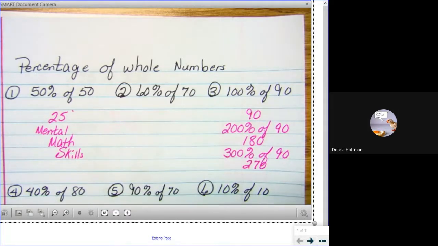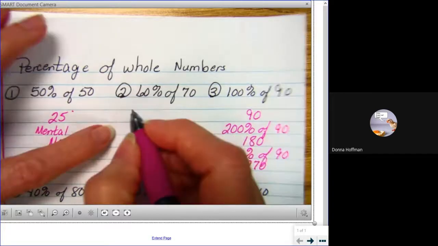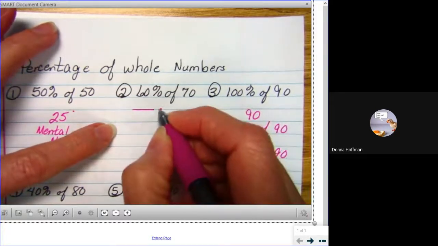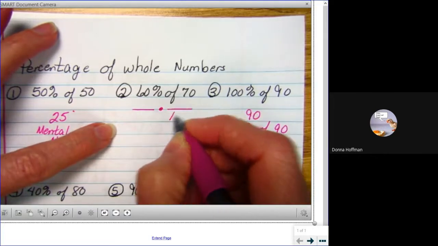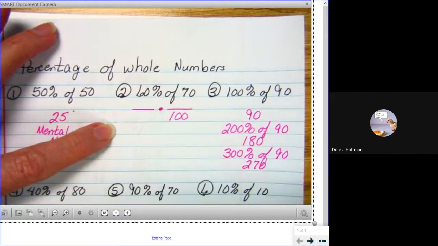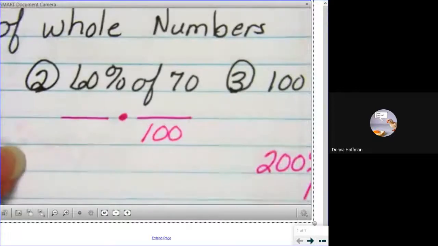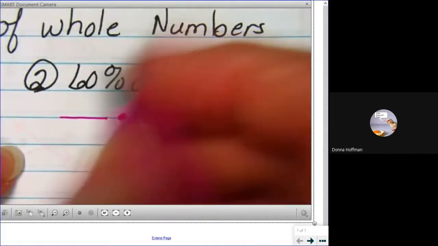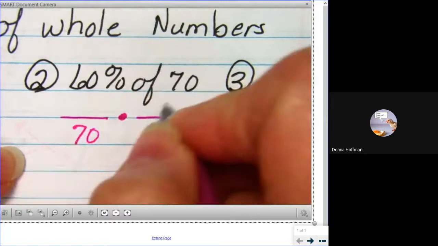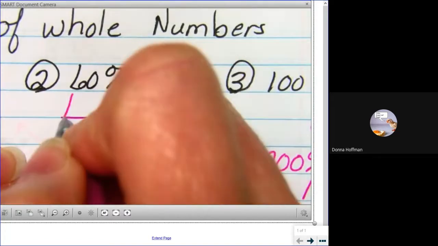Okay, so number 2, we're going to go ahead and set up the format. Okay, and you're going to tell me what number goes where, please. Good.